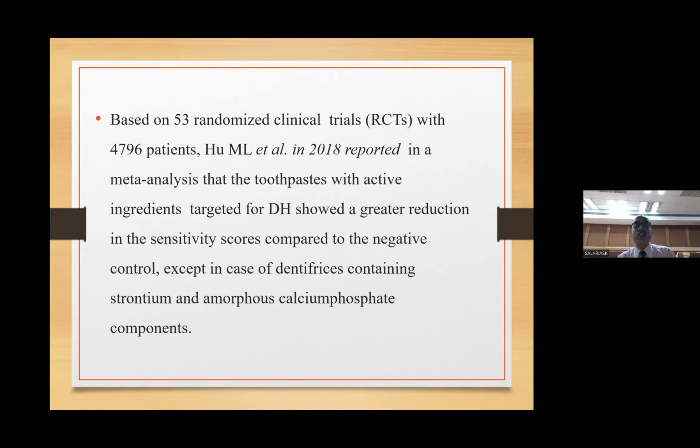A meta-analysis of 53 randomized controlled trials in almost 5,000 patients in 2018 reported that toothpaste with active ingredients targeted for dentinal hypersensitivity showed a greater reduction in sensitivity score compared to the negative control, except for dentifrices containing plain strontium or calcium phosphate components.